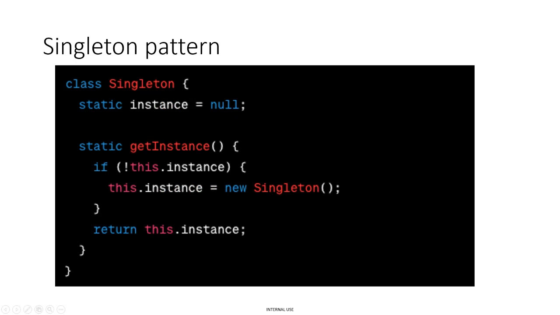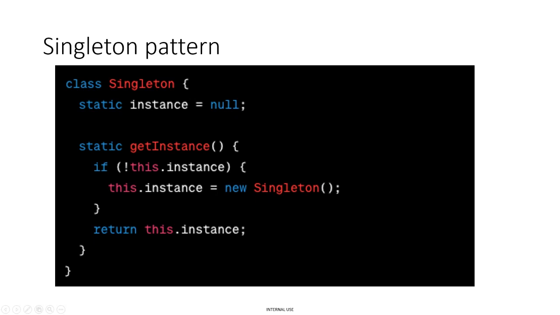Same thing from here in the singleton pattern. When you want to just create one instance of your class, so when you have the singleton class, you just call singleton.getInstance, and this will create a new instance of the singleton class, and it'll only ever create one because you can see the logic here, we're checking if this is null. If it's null, we're creating the singleton.